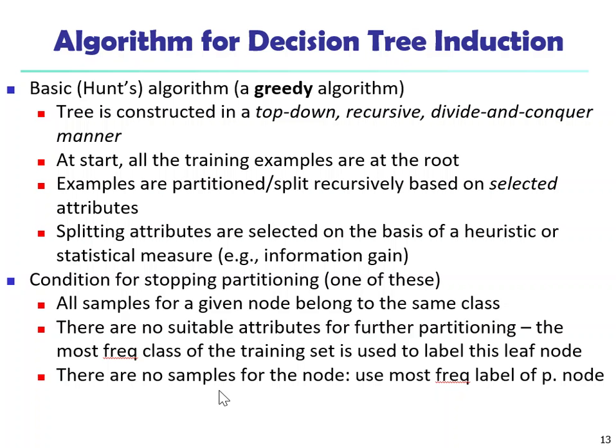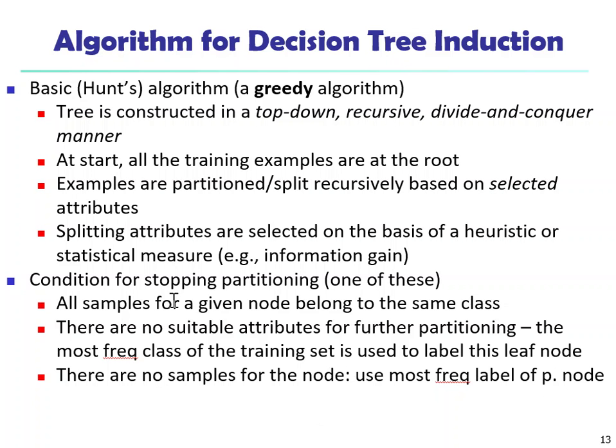When there's no sample that's been distributed into this node, then we're going to use the most frequent label of its parent node to label whatever observation lands in this node.